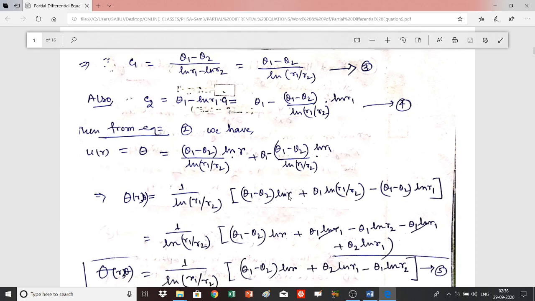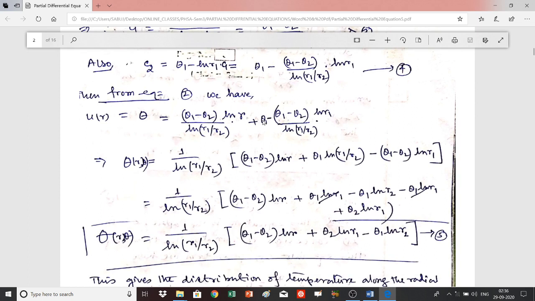So just first do this subtraction. This term will give you theta 1 into log R1 by R2 minus theta 1 minus theta 2 into log R1, then log R1 by R2 can be taken as common term.